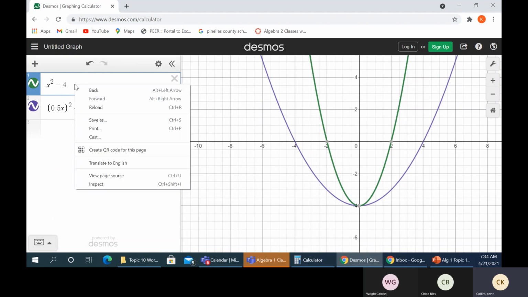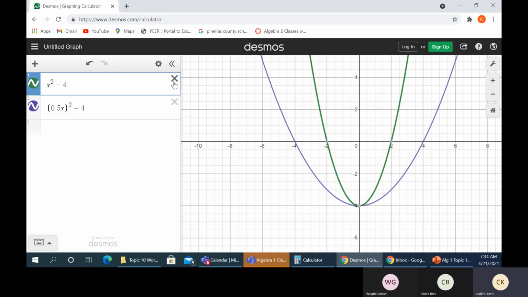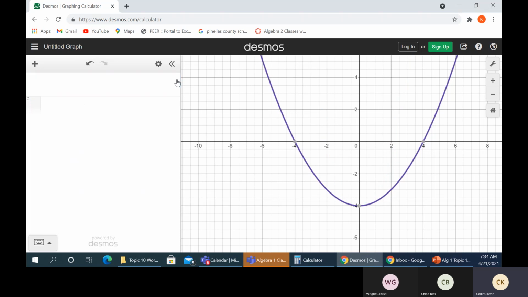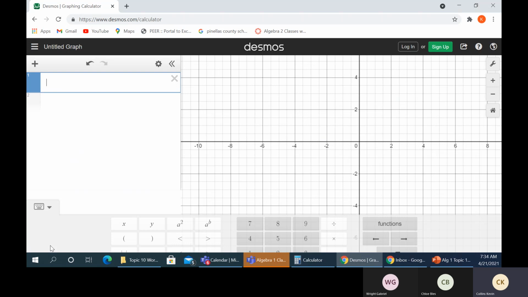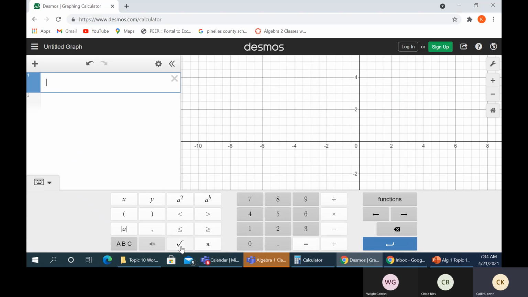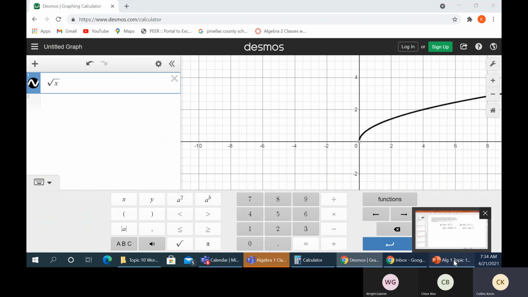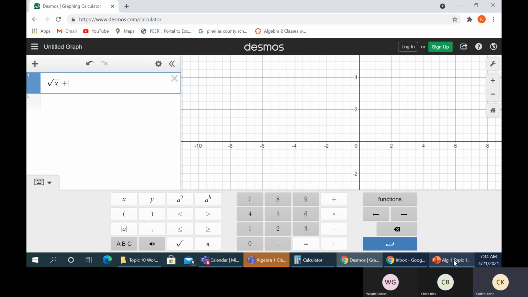All right. So this time we're going to have a square root function. Let's just clear these guys out. All right. So we've got square root. And once again, I forgot plus 1. Okay. So x plus 1.